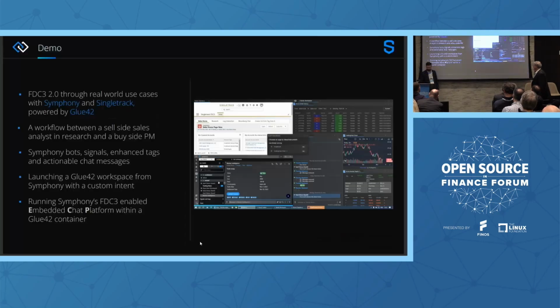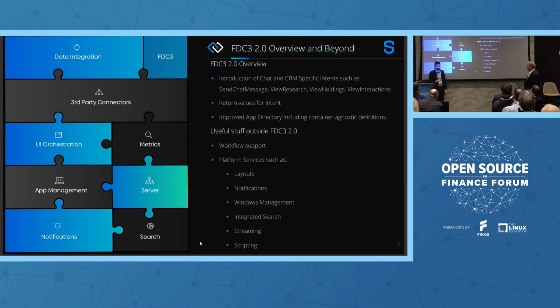So hopefully what we've shown is a real-world use case, a load of SingleTrack, some in-house applications, which are obviously mock, and SingleTrack and Symphony working together using FDC3, showing how the FDC3 intents allow applications to work together without being pre-written.